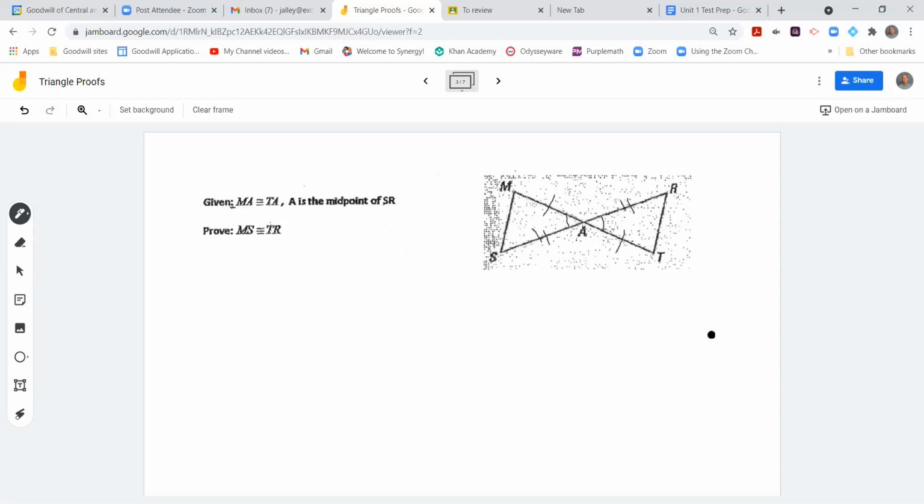Hopefully running through those three examples gives you some reference for how people get tripped up on these proofs sometimes. It's not new information.